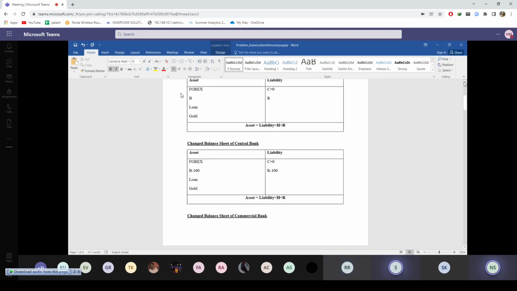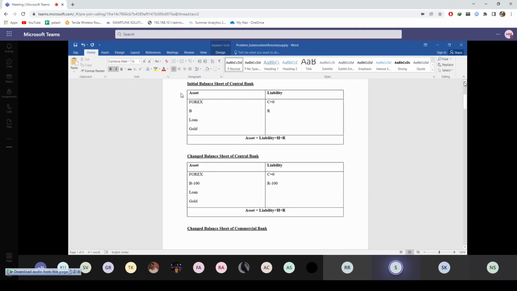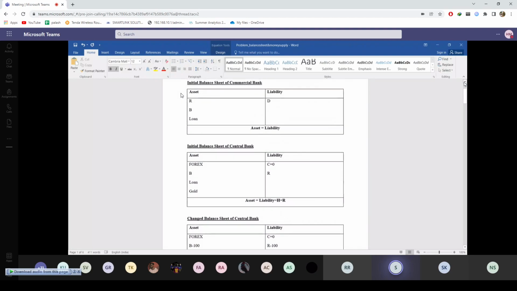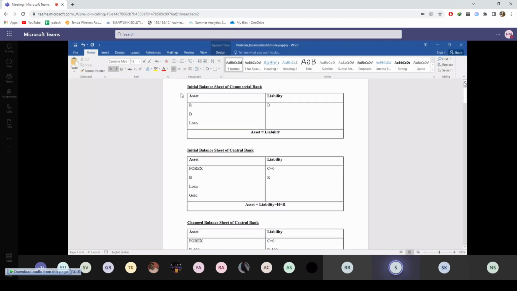What is going to happen, Namya, to this balance sheet of the commercial bank? I guess... There is nothing to guess. I mean, in the commercial bank it will be reserves minus 100. So you say it will be R minus 100.